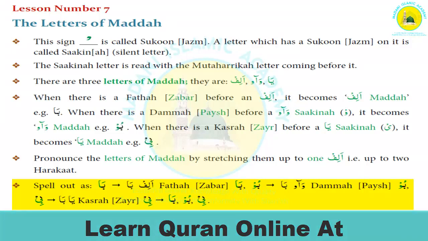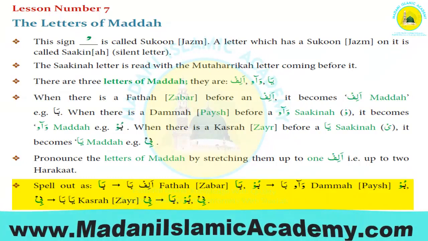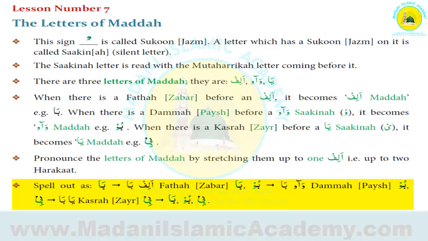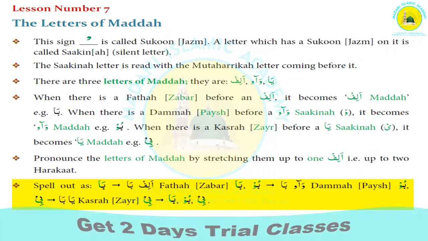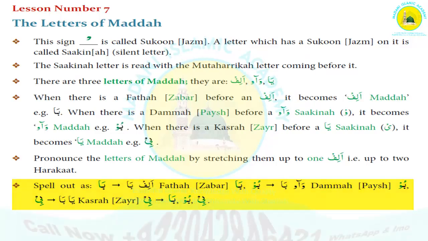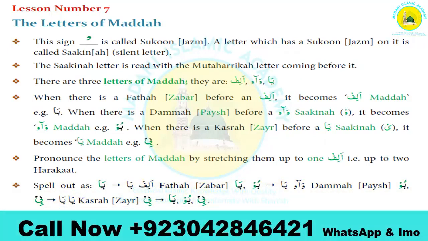And if we have a ya madda just after the zair, you're going to stretch that to 2 harakats. So it's going to be ba ya zair, bee. So can you see the difference? B and bee. You stretch it twice as much as that.